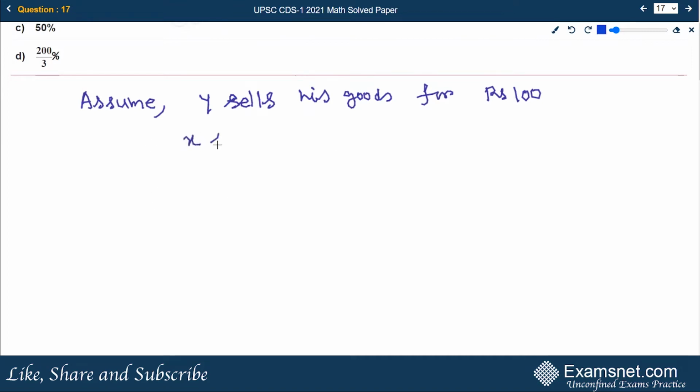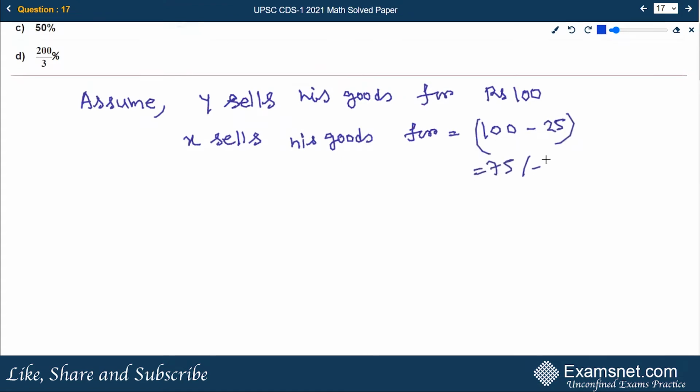So X sells his goods for, that is 100 minus 25, so that is rupees 75.